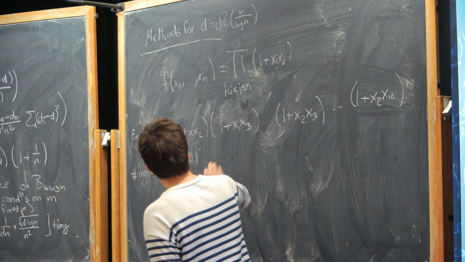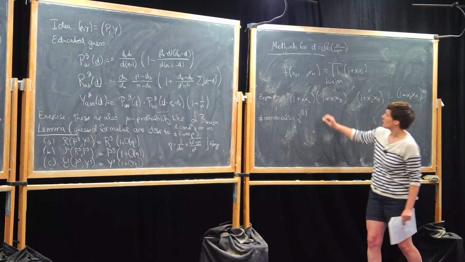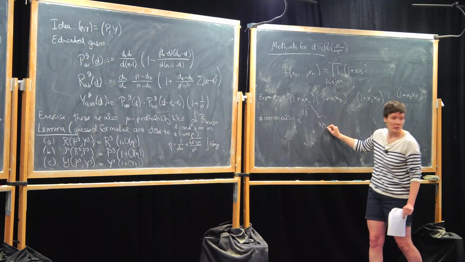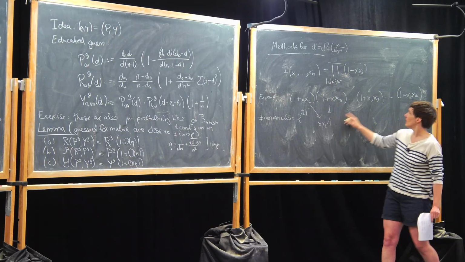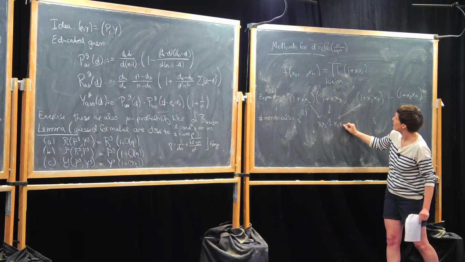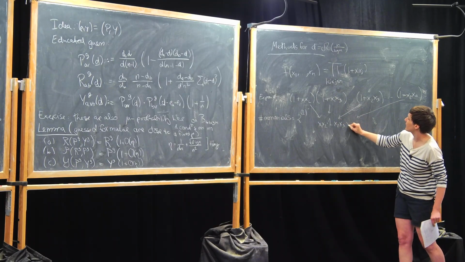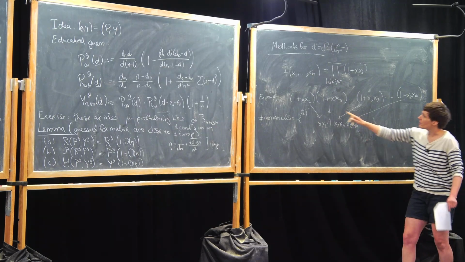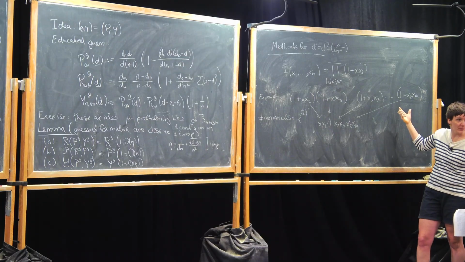So what does one of these monomials correspond to? Let's say from this one I take x1 x2. From this one I take the 1. From this one I take x2 x3. And from this one I take, say, x2 x10. And I do this for every possible one of these factors that comes up here.